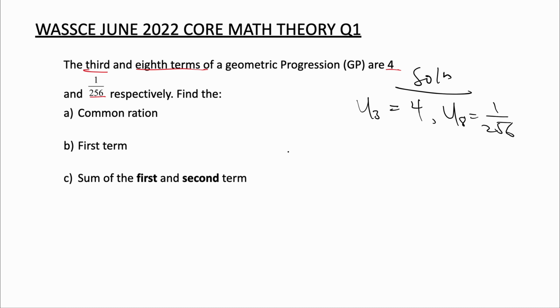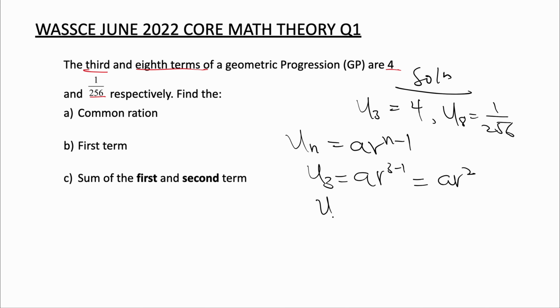Now for a geometric progression, we know that the nth term is equal to ar^(n-1). So the third term is ar^(3-1), which is equal to ar^2. The eighth term is equal to ar^(8-1), which is equal to ar^7.